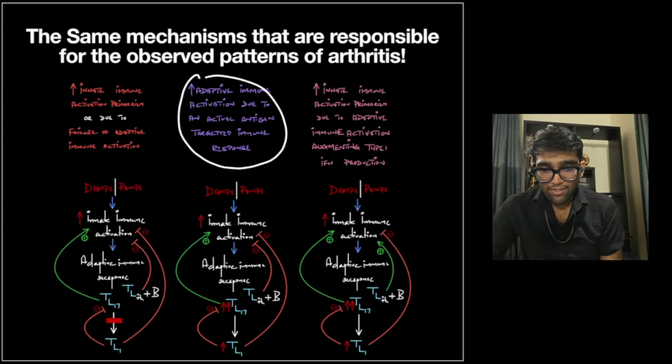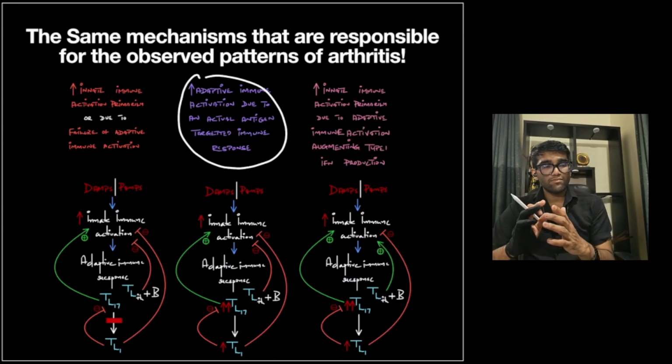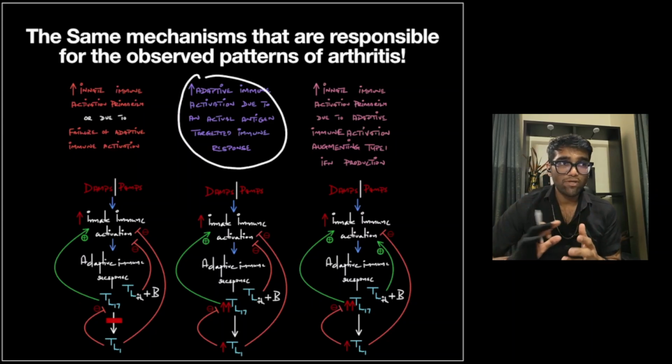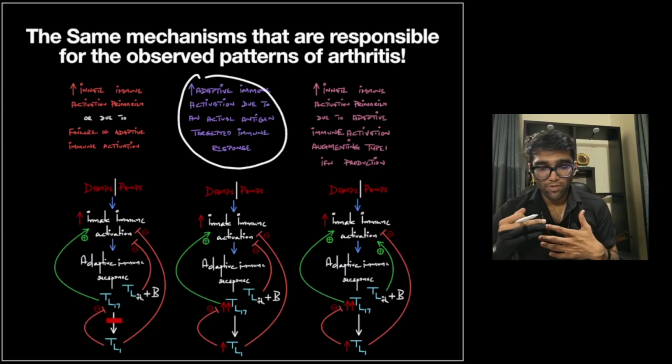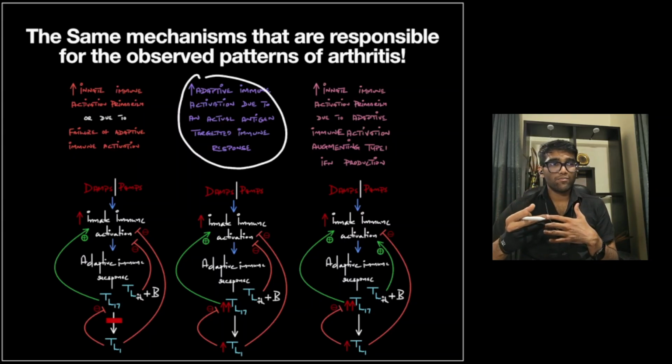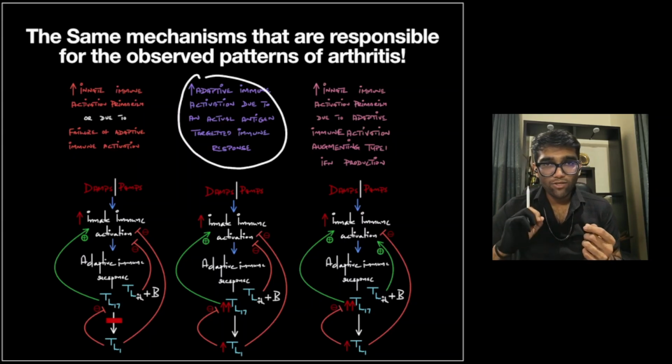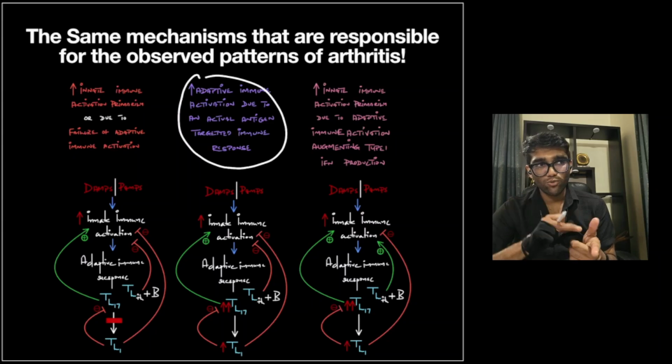Now the third example was when the innate immune system is being activated excessively by the adaptive immune response, because the adaptive immune response happens to produce antibodies that bind to proteins that in turn bind to nucleic acid.